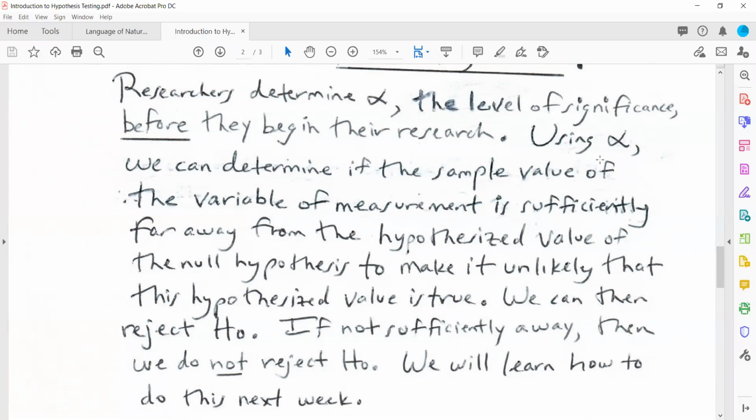So alpha is going to be selected. And using this alpha, we're going to determine if the sample statistic, or the sample that's given, is sufficiently far away from the hypothesized value of the null hypothesis to make it unlikely, this is the point, that this hypothesized value is true. In other words, picture a population mean, and then you select samples from it.